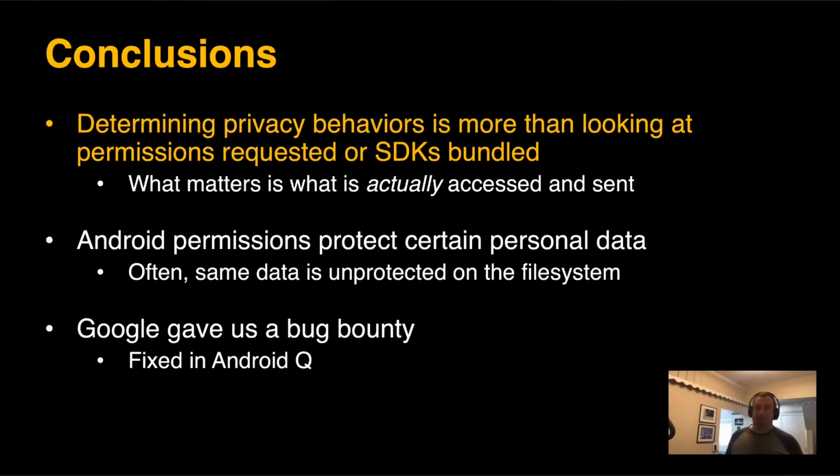So, what we found is that the permissions really don't paint a complete picture. If an app says that it's only declared these particular permissions, that doesn't necessarily mean that the app doesn't have access to those data types that are protected by those permissions. And so, app developers need to do a lot more to try and figure out what their app is actually collecting when they're using third-party code. For most of the ones that I've mentioned in here, we've reported those to Google and they've been fixed in Android Q, but I think there's a lot more work that needs to be done.